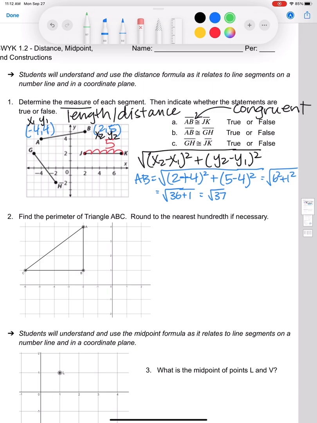But I also will know when I find the length of GH that if I get square root of 37 before simplifying or getting the decimal, then I would have a congruent segment. But just to remind you, here are our perfect squares, and if you get any of these numbers, you're definitely going to want to make sure to put it in integer form.